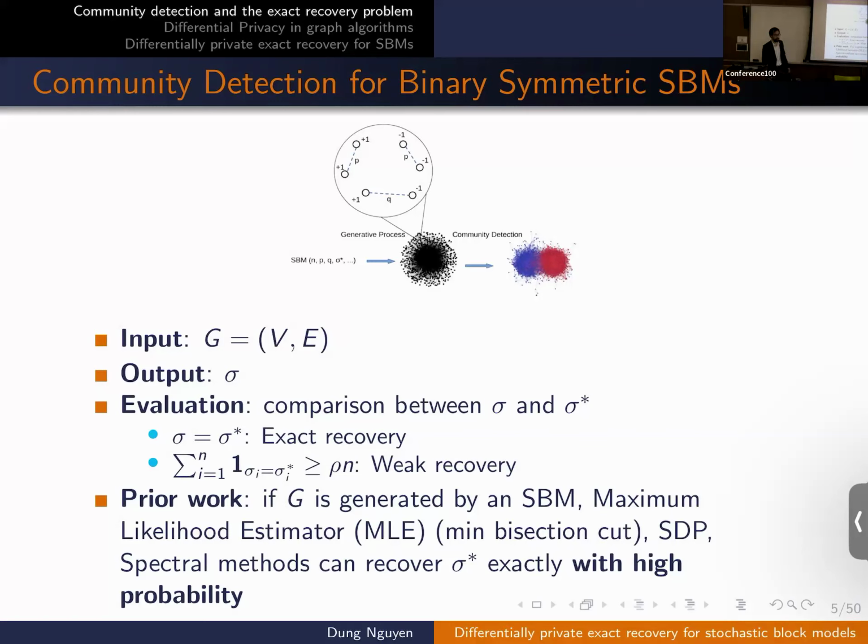It's a little different from the exact recovery problem, but it's an interesting problem and people study it quite a lot, the weak recovery problem. Any other questions from the audience?